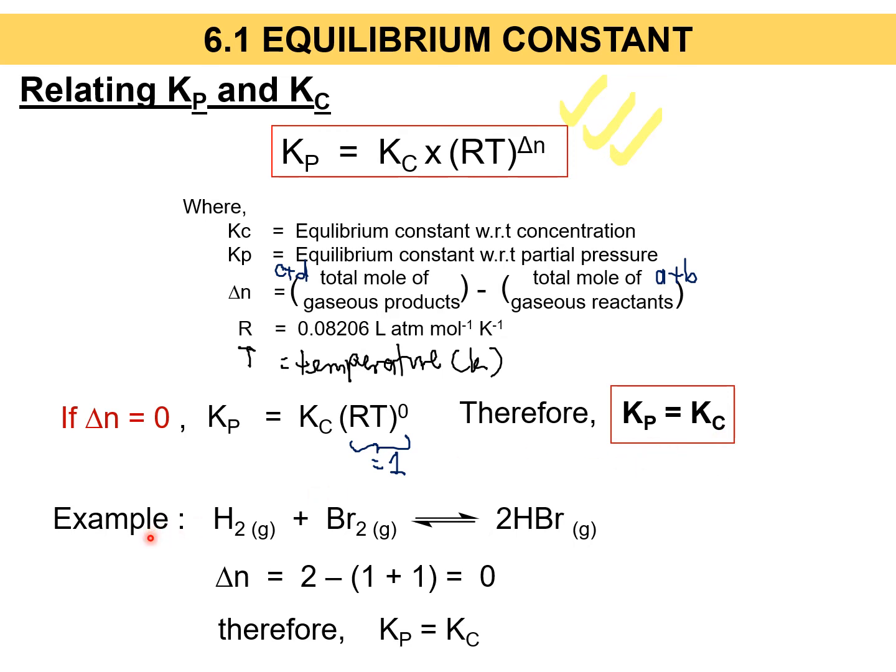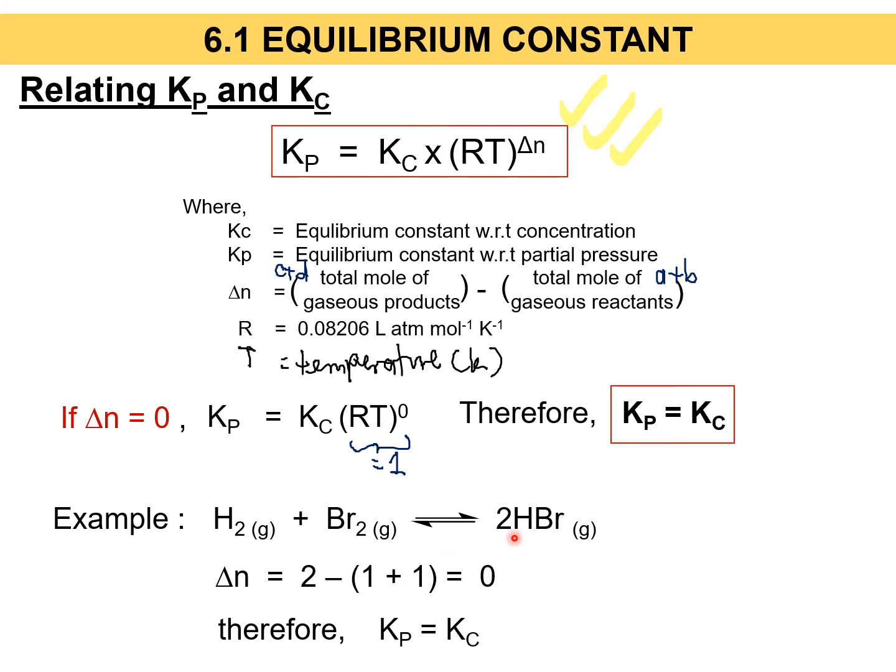Okay, for example, if let's say you have these reversible chemical reactions, before you nak kira-kira Kp, Kc, RT, delta N ni, you kira dahulu delta N dia before you nak kena buat jalan kerja yang lagi lengthy. Because once you tahu delta N ni is equals to 0, it's a piece of cake because you know that Kp is equals to Kc. Okay, for example, how do you know that this is equals to 0? Okay, this is all in gas phase, right?